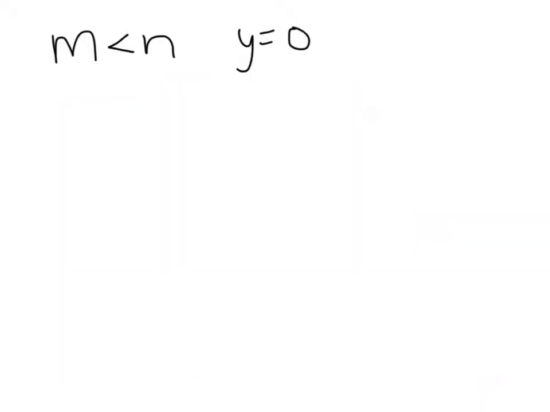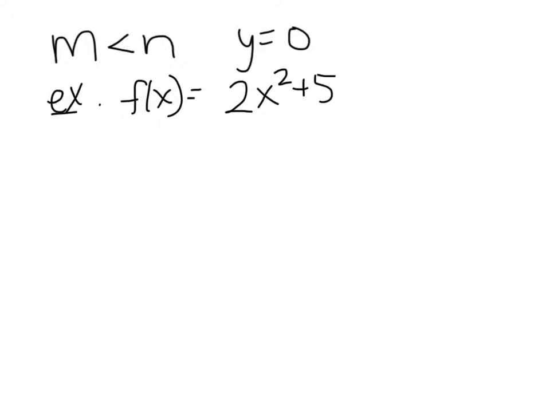The first scenario is where m is less than n, and your horizontal asymptote is going to be y equals 0. Say we had f of x is equal to x squared plus 5 divided by 3x to the 5th minus 7. In this function, we are looking at the degree of the numerator and denominator. The degree of the numerator is a 2. The degree of the denominator is a 5.